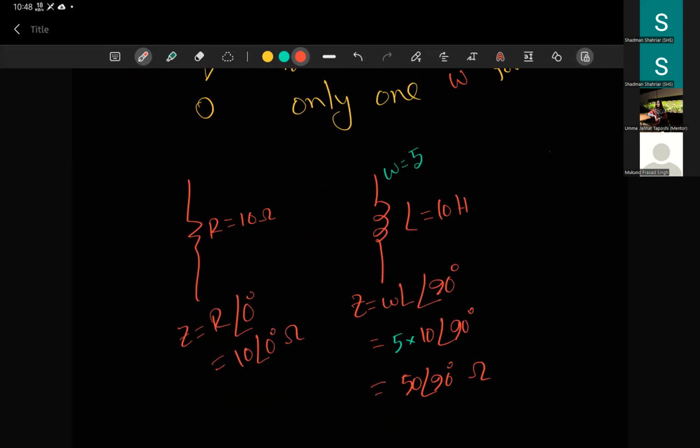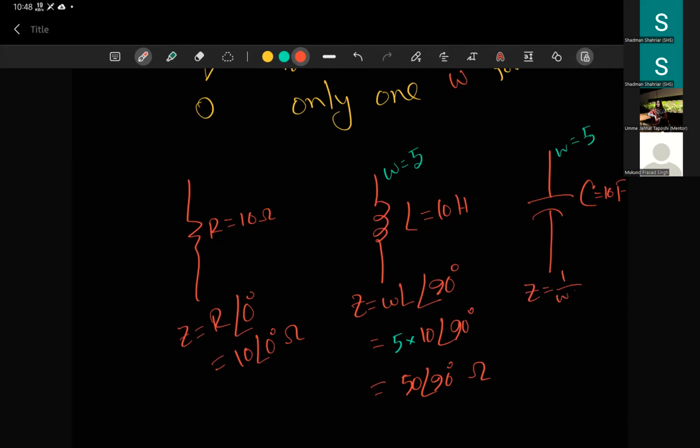And capacitor, if you have a capacitor, say 10 farads, and your omega is 5 again, that means your Z equation for capacitor is 1 by omega C angle minus 90 degree.